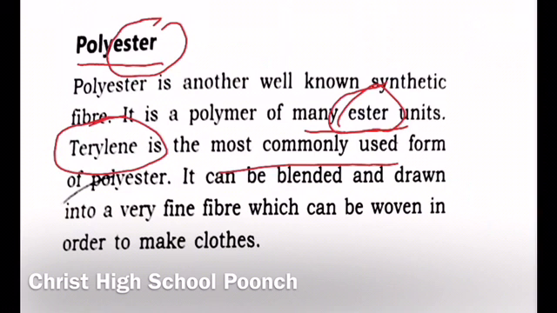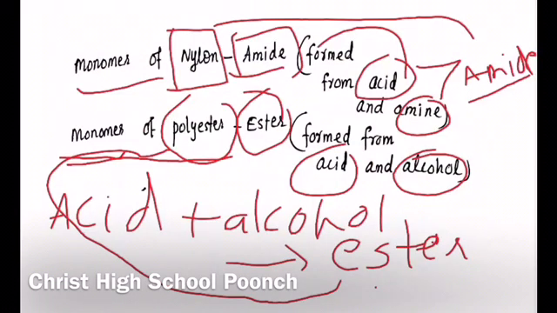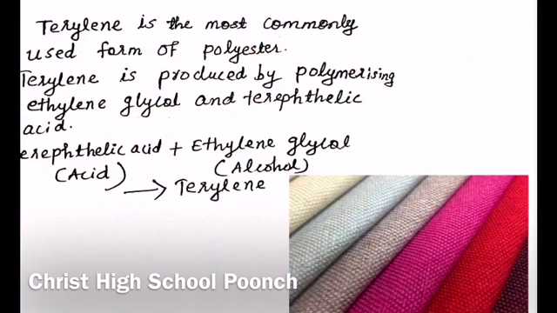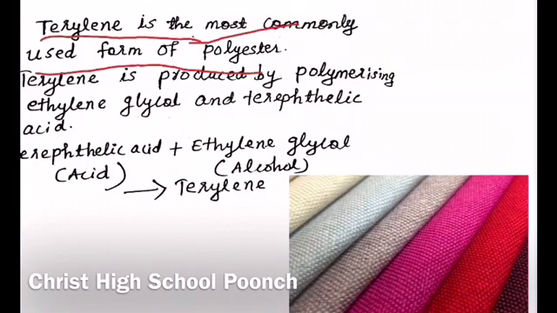Now we will see about terylene in detail. What do we mean by terylene? Terylene is the most commonly used form of polyester. We are studying about polyester. Polyester is a synthetic fiber. Its monomer units are esters. An example of polyester is terylene. And how is terylene formed?